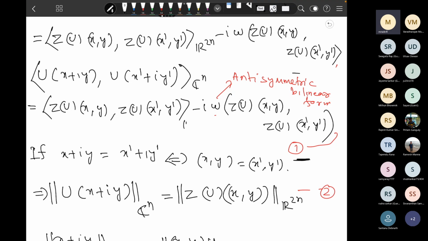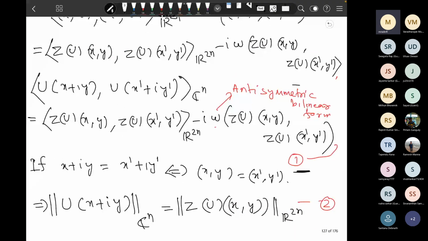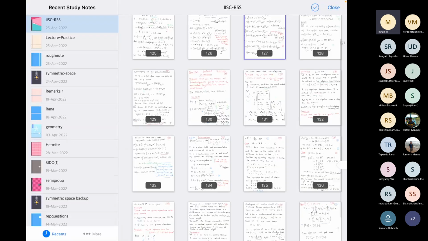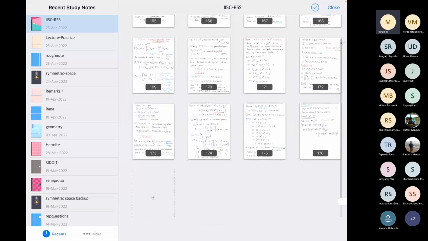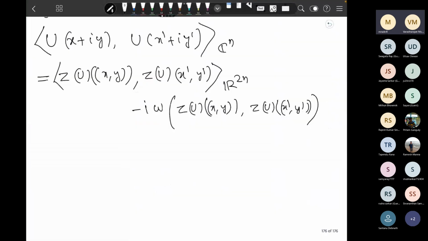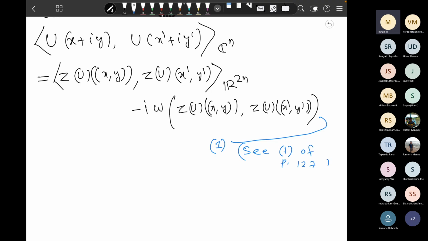We have seen this in some previous lecture, and let me cite it as (1), page 127. We have proved that.